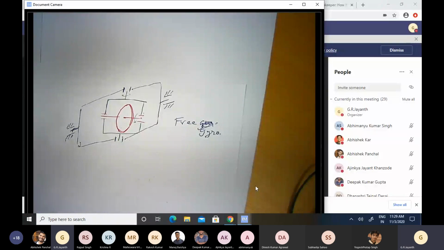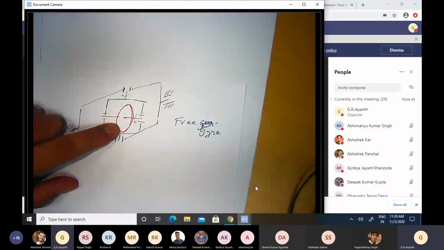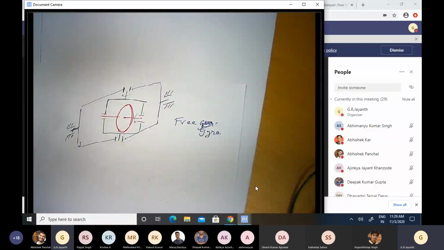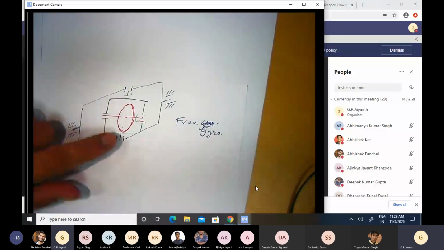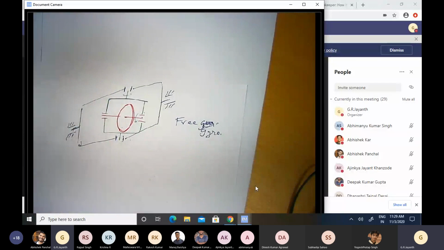It is pitching and yawing and so on. When I have spun this on the ground and released it, regardless of how the aircraft is moving, this wheel is always pointed at a fixed direction in space. And by looking at the orientation of these gimbals with respect to the wheel, I can predict how this aircraft is moving. So this is one simple application of a gyroscope.